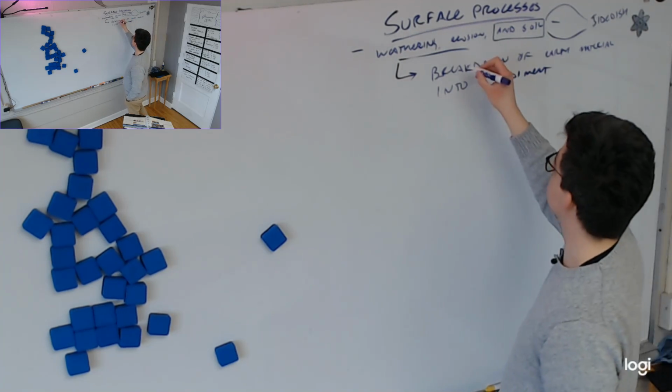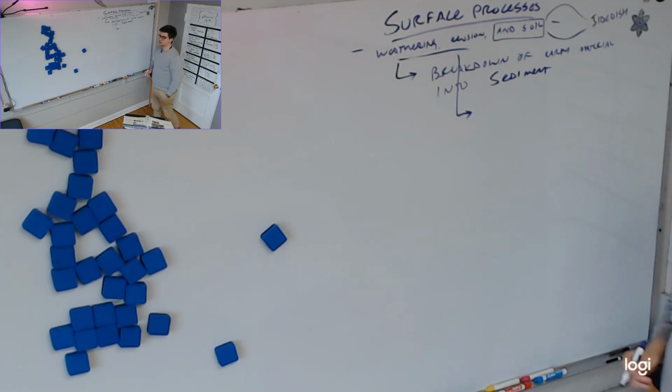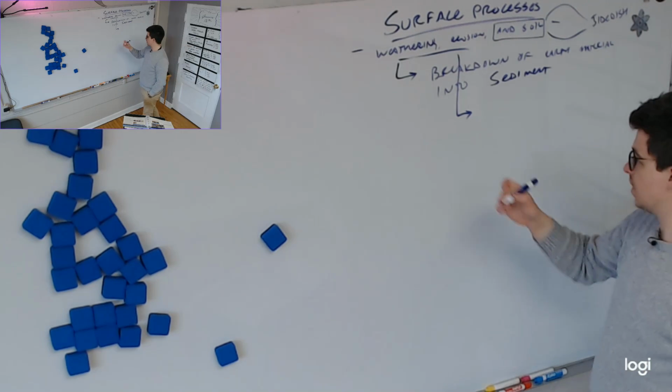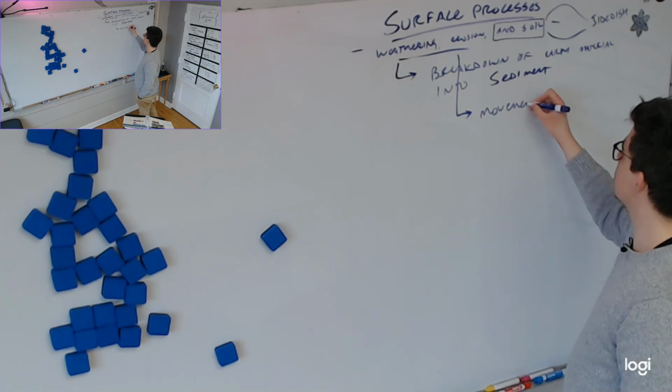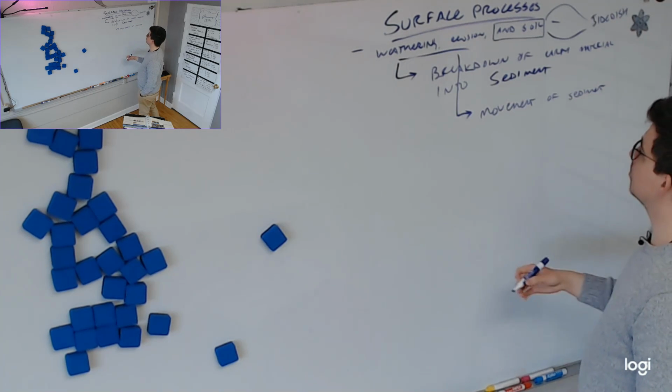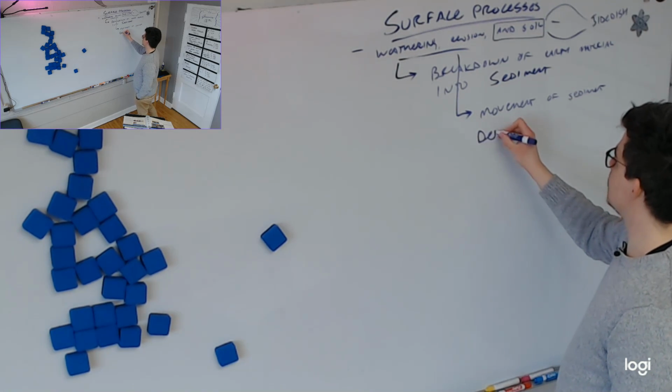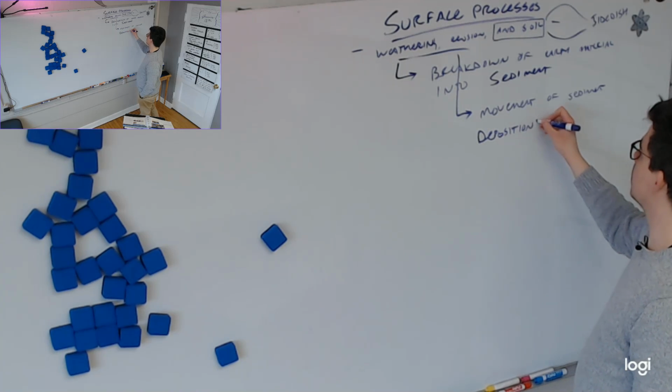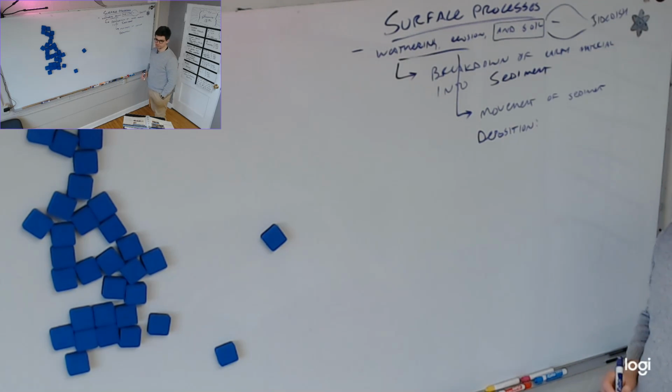And then erosion, how is that different? Well, weathering we said is the breakdown. Yeah, there you go, good. Movement of sediment. And then there's another process that we need to talk about called deposition. What might that be?